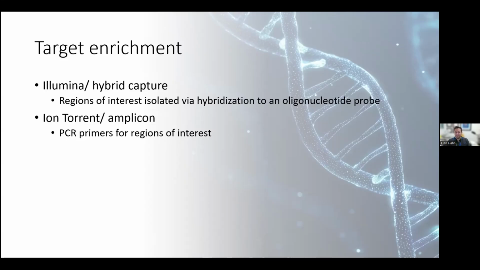Ion Torrent is amplicon-based, and we have PCR primers for a region of interest. We're going to amplify our template to create a lot of reads of those regions of interest, which will make it detectable. So we call Illumina's chemistry capture-based or hybrid capture, and Ion Torrent's chemistry amplification-based or PCR-based or amplicon chemistry.